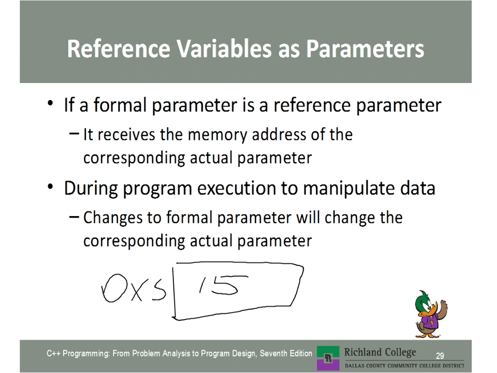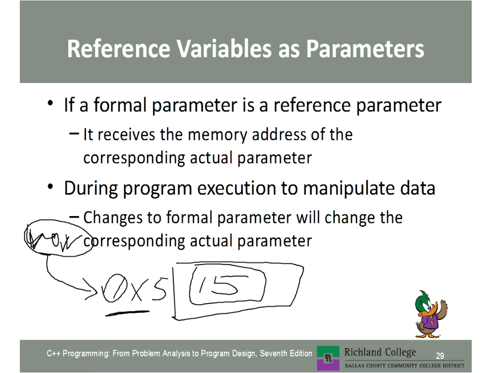But the address itself is, let's say, 0x5. Remember, the 0x just represents a hex value. And we are pointing to that memory address by whatever variable we have. So our variable is pointing to a memory address, and the memory address is holding a value.